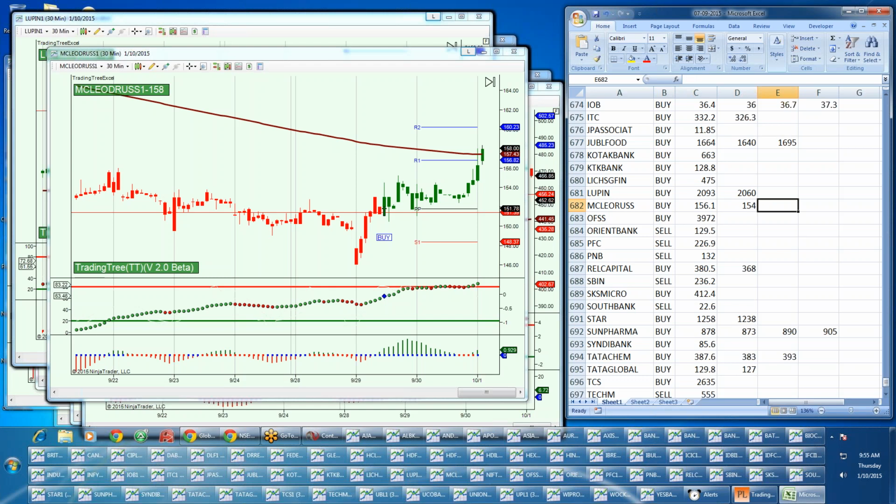So you can just place your profit at 159.